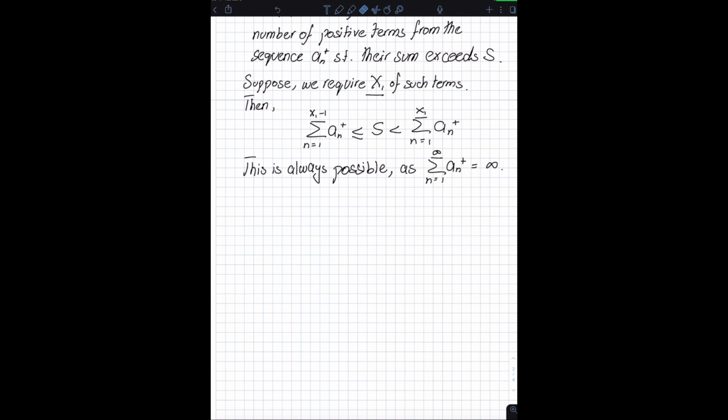Now I have reached a point where I'm above s, where I've exceeded s.